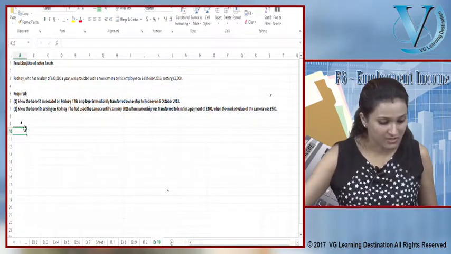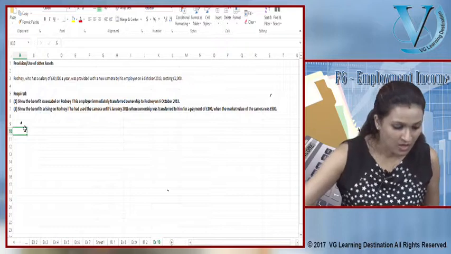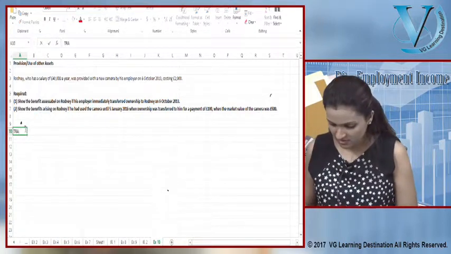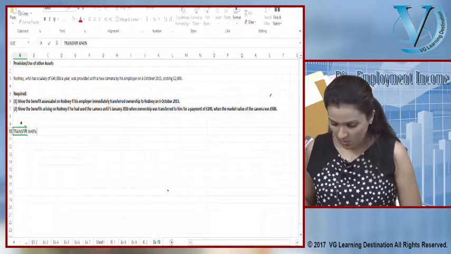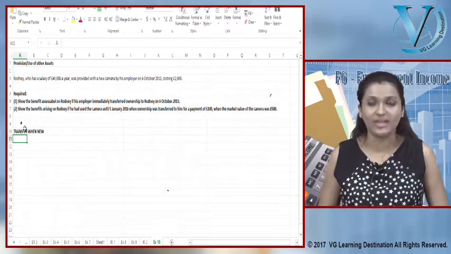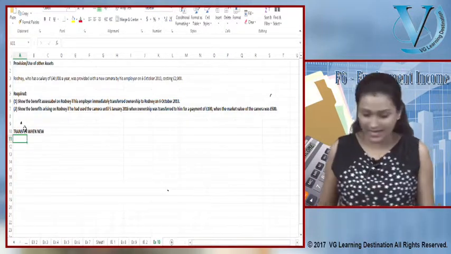Right. So let's have a look at this. Let's have a look at transfer when it is new itself. If the asset has been transferred when it is actually new, so basically what gets transferred?